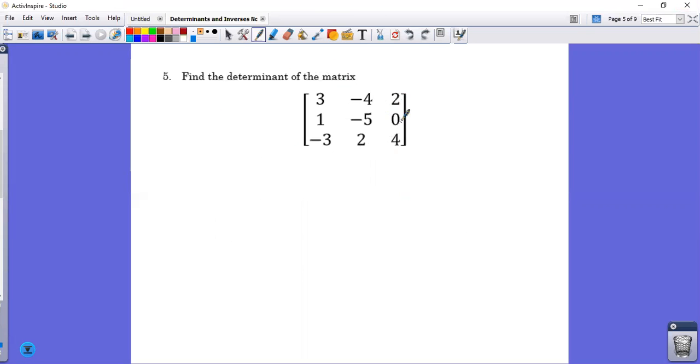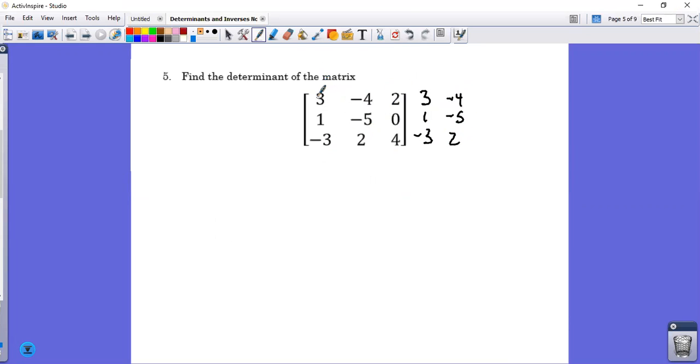The determinant of a 3 by 3 is much more difficult just because you have to multiply so much. And what I tell people to do is take the first row and write it again, 3, 1, -3. And then the next one, -4, -5, 2.